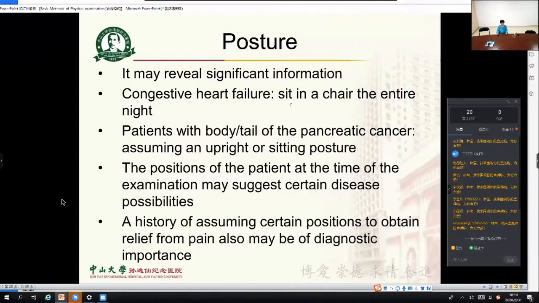So a certain posture will give you some clues. The positions of the patient at the time of the examination may suggest certain disease possibilities. And also a history of assuming certain positions to obtain relief from pain may be of diagnostic importance.